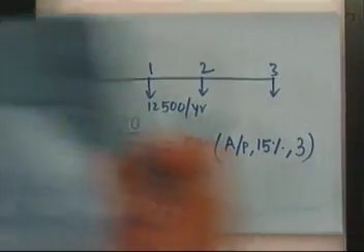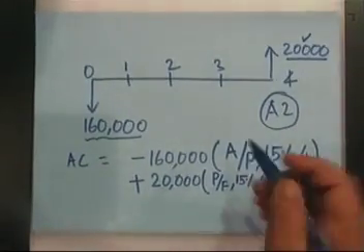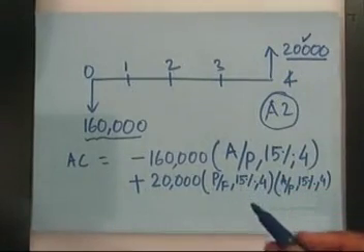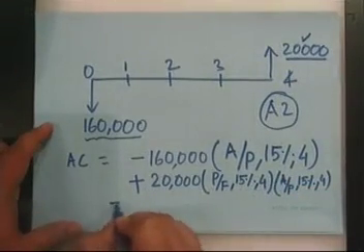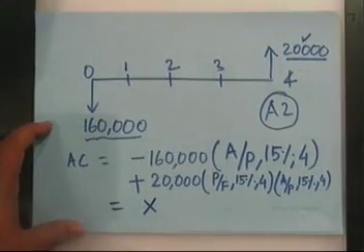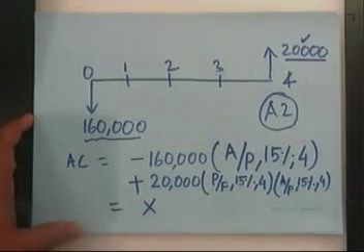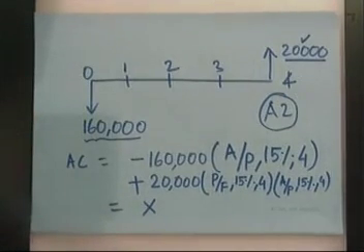Now, here I annualized it for 4 years. So, let us say this value is coming to be x, that means 160,000 multiplied by a factor A given P, 15%, 4 years, plus 20,000 multiplied by P given F, 15%, 4 years, and this in turn annualized is, let us say, a value x.